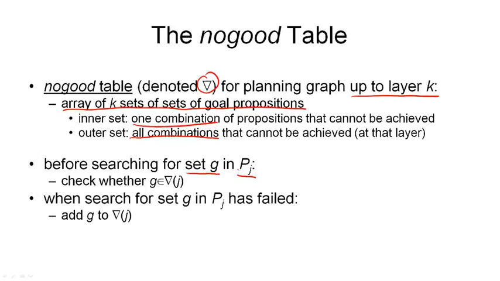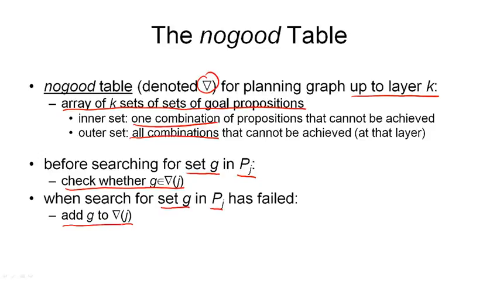And remember, we only store those sub-goals where we have failed. So we have to check whether our new sub-goal, the sub-goal that we're currently looking for, is in nabla of j, so whether it is in the jth layer and we failed here before. If it wasn't in that layer, then we have to search for this set G in this layer Pj, and this will either succeed, in which case we have found a plan, or it will fail, and then we have to add our sub-goal to nabla of j, remembering that this is a sub-goal at which we have failed before in the jth proposition layer.